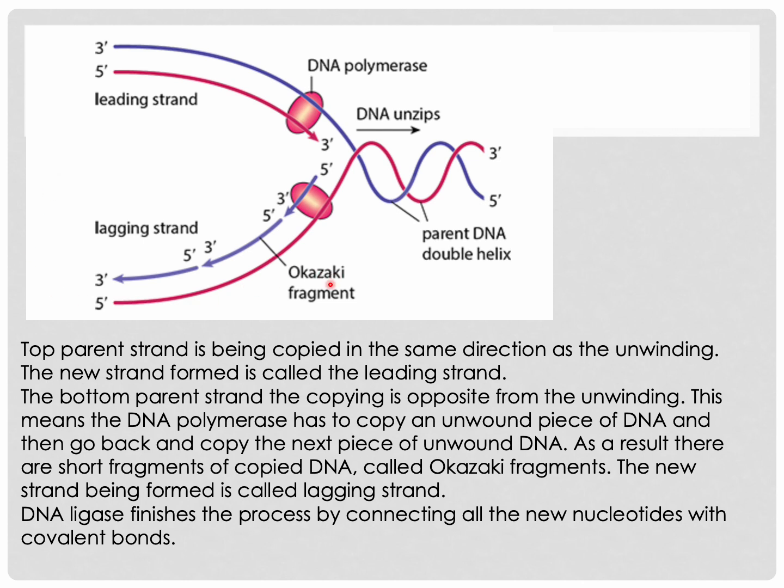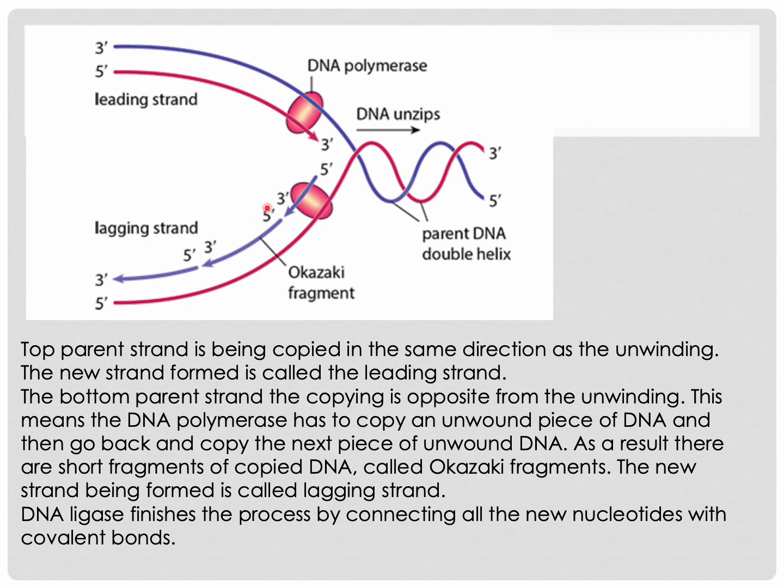The bottom parent strand is going from 5' to 3'. Again, DNA polymerase can only go 5' to 3'. Since it's anti-parallel, this one is copying in the opposite direction of the unwinding.